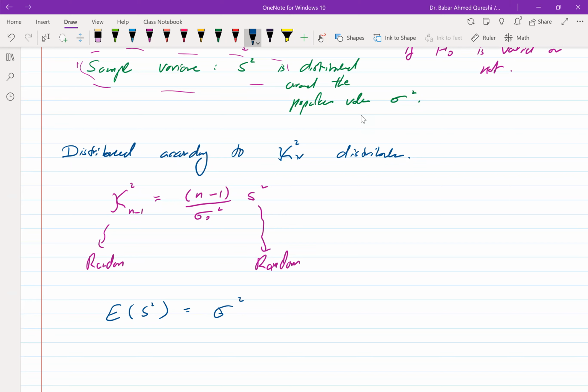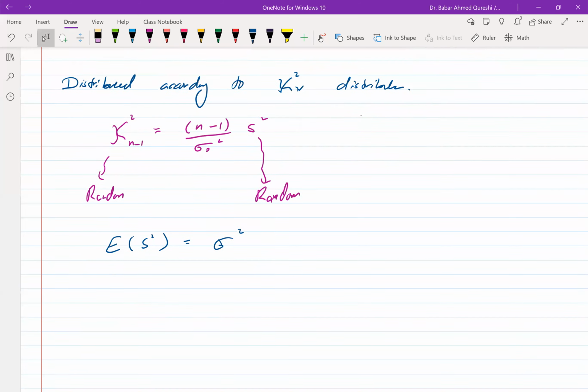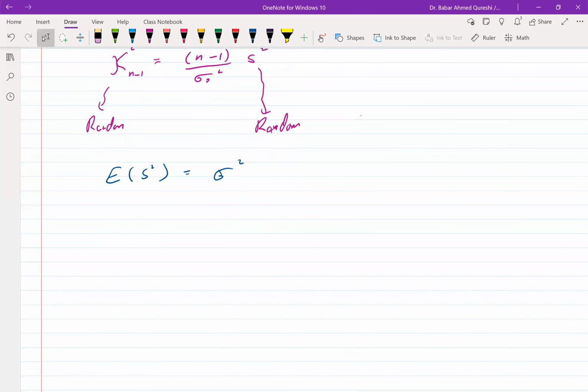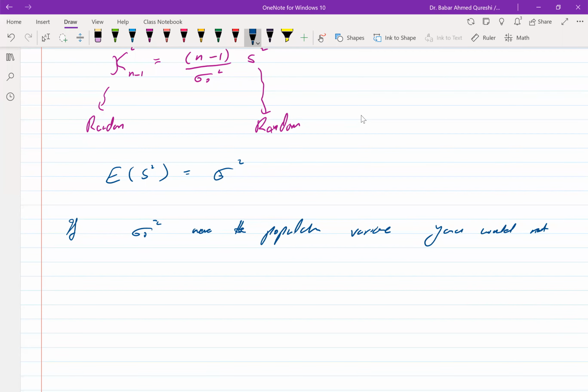So that means if sigma naught were really the population variance, sigma naught square, you would not expect a value of S square in the sample which is very far away from sigma naught square.